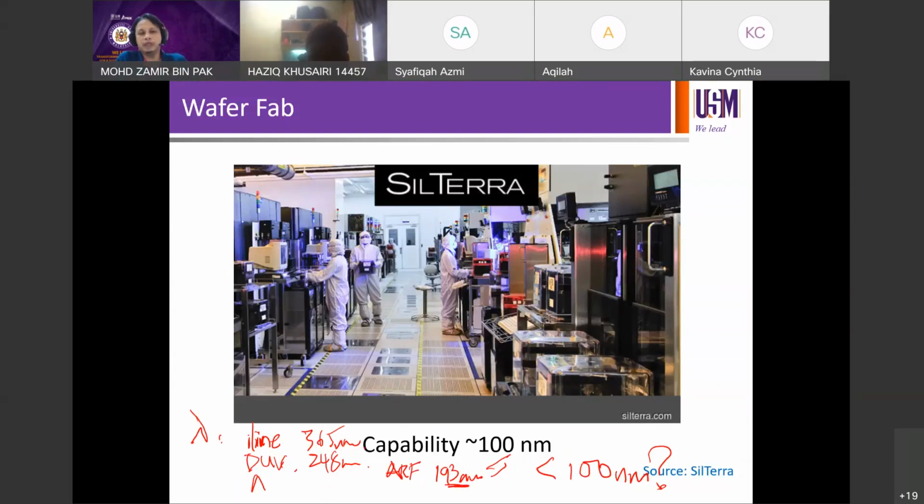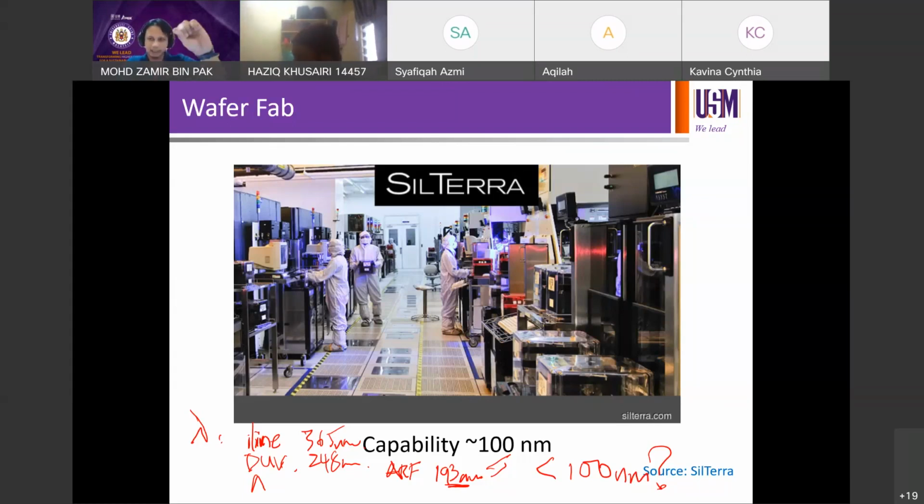To be able to print the feature size, the wavelength of illumination is usually about double, not exactly, but about double. Kalau you ada down to 193 nanometer illumination system, that can print down to about 193 divided by 2, so about 100 nanometer with decent resolution.